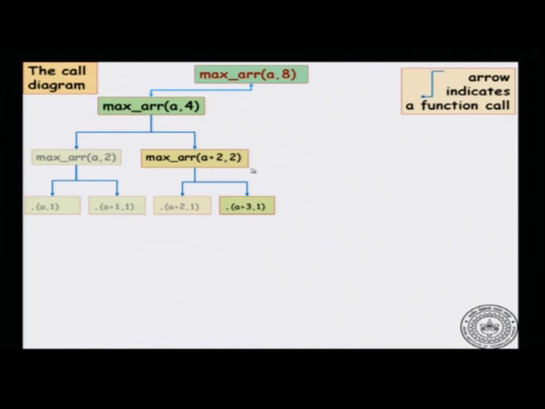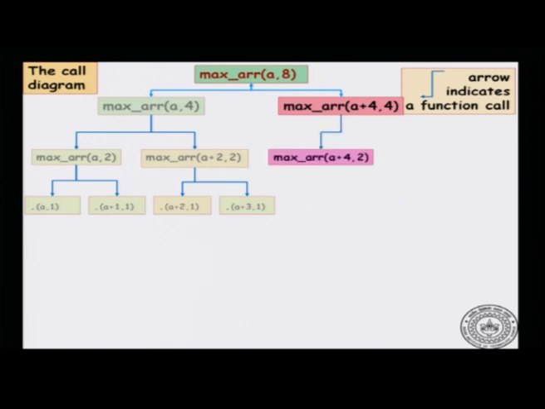Now, this function is finished because it has called both its sub problems. So, this will return, and after this function is done, you will eventually unwind all the way back up to the top, and now you are ready to call the second sub problem of max array A comma 8, which is max array A plus 4 comma 4. And you do it similarly.